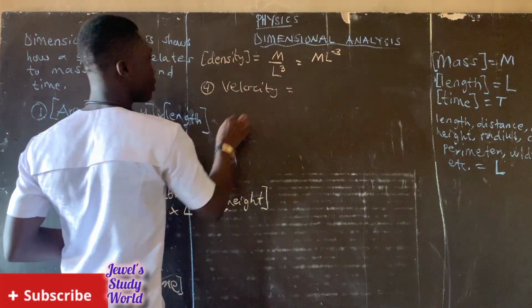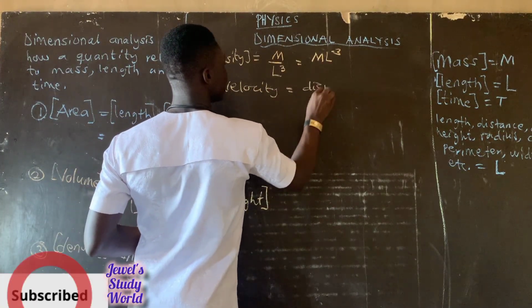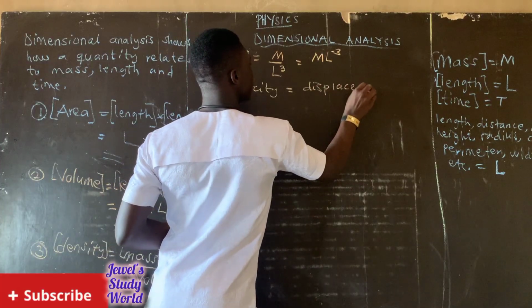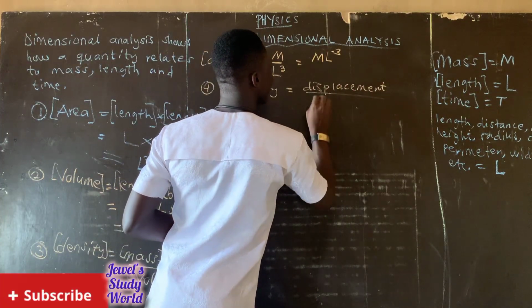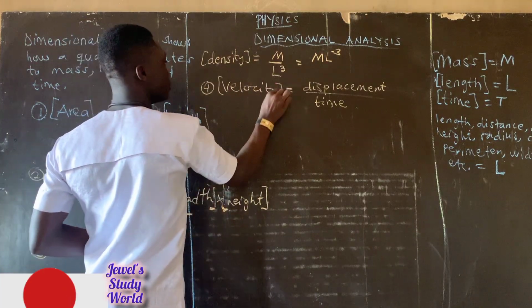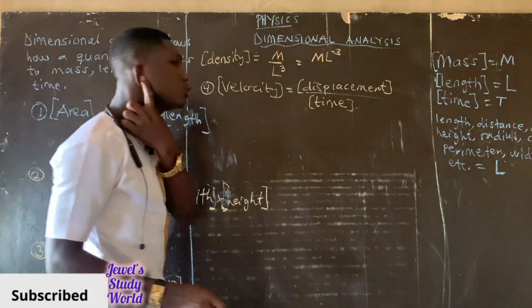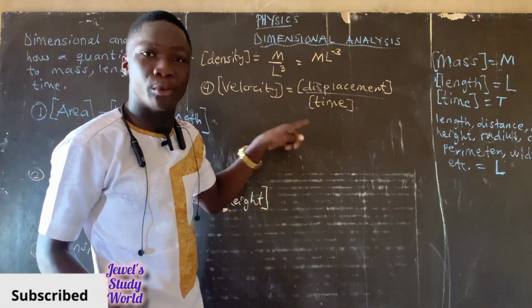Velocity is equal to displacement over time. So I have the dimension of velocity equal to the dimension of displacement over the dimension of time. Don't forget to put it in a square bracket.